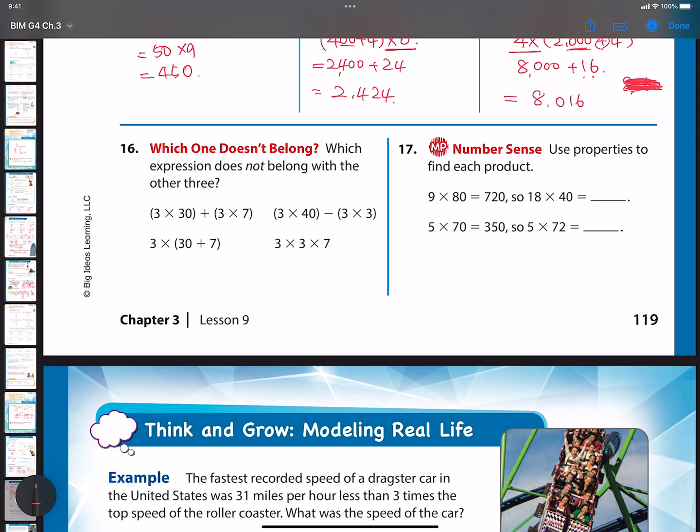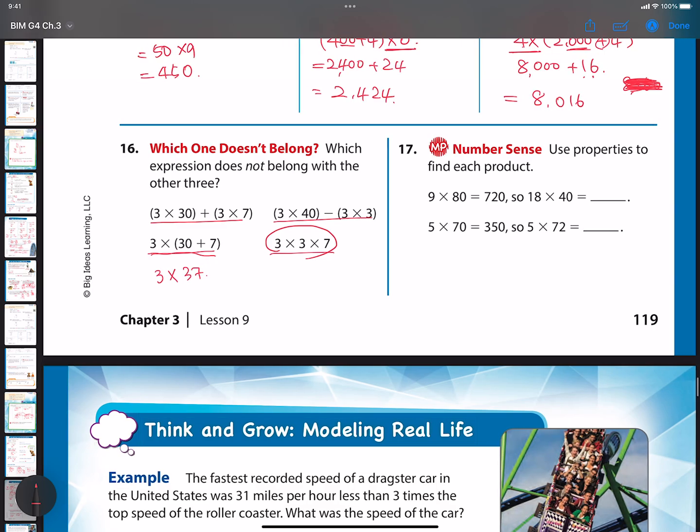Which one doesn't belong? Which expression does not belong with the other three? Okay, let's take a look. This, that, and that, and that. Ooh, this one is wrong because you know what? The other ones are what? Distributive property of multiplication. You see, maybe the original expression was 3 times 37.